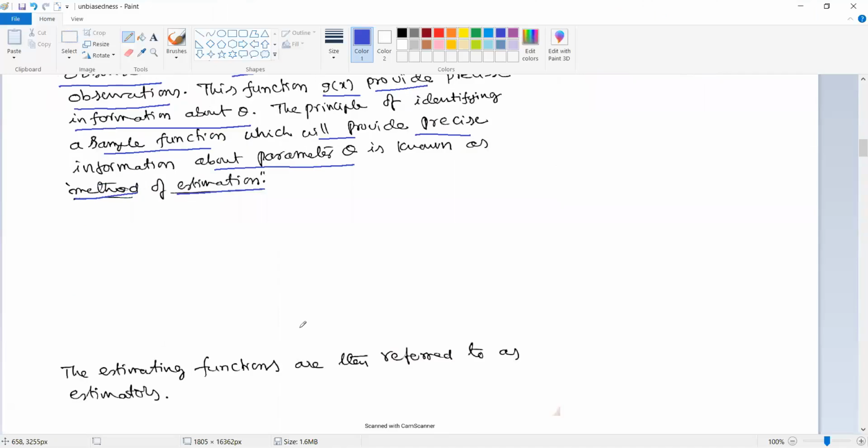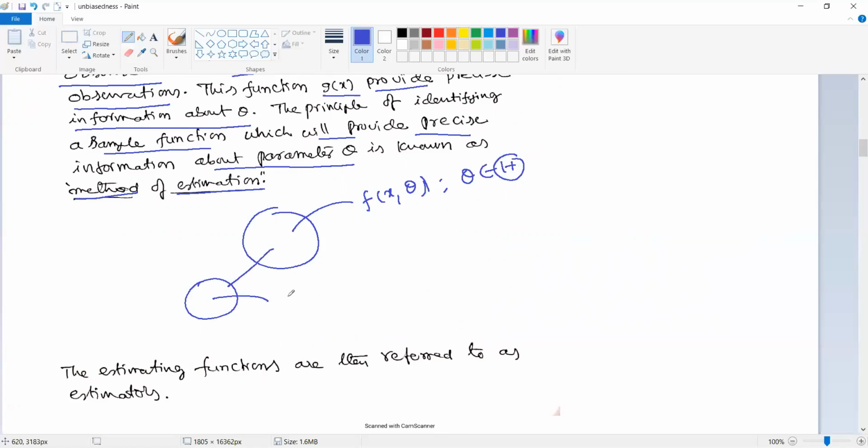So here the population PDF is f of x comma theta, where theta belongs to H. Now draw one sample and consider the sample function x1, x2 and so on, xn. It is called g of x. This is called a statistic. Using the statistic, we have to estimate the parameter theta.